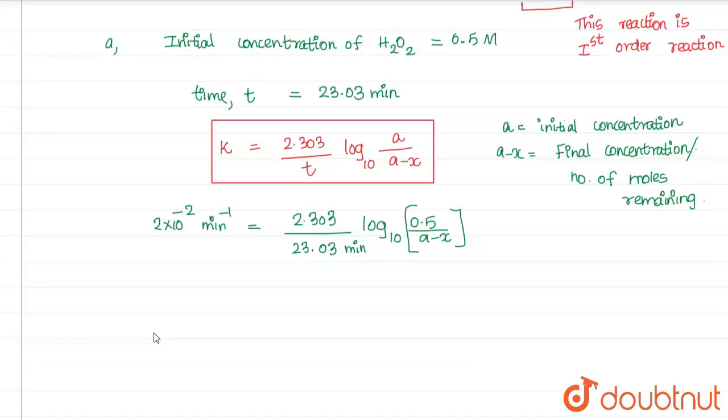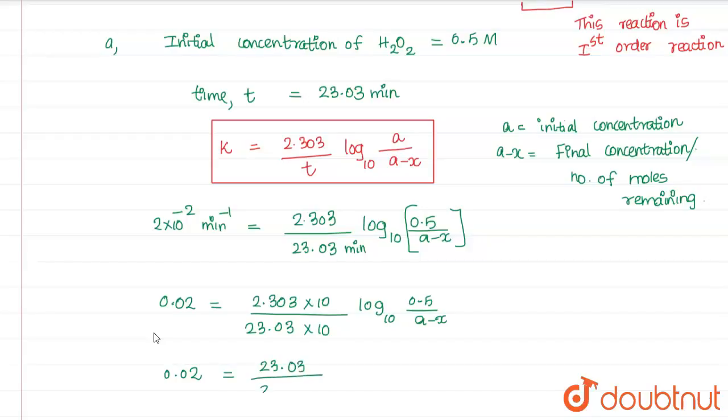Okay, so 2 into 10 raised to minus 2 will become 0.02 is equal to, here when we multiply and divide by 10, 23.03 into 10 log to the base 10, 0.5 divided by A minus X.